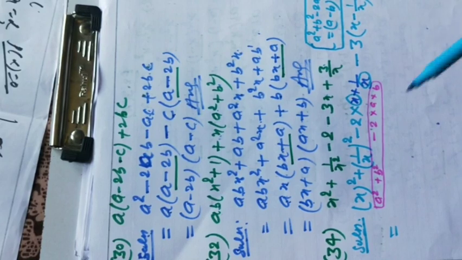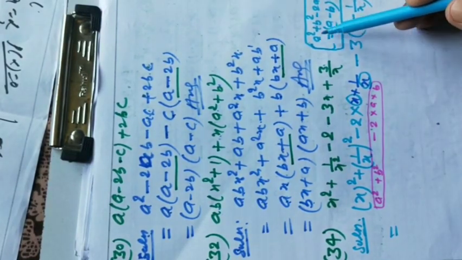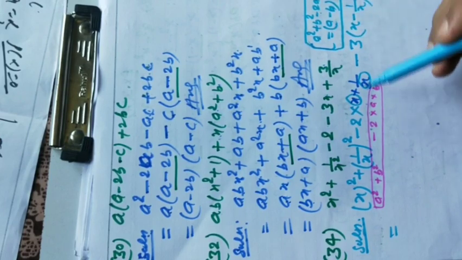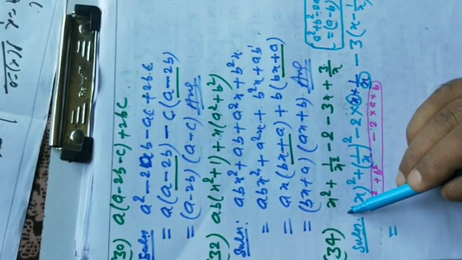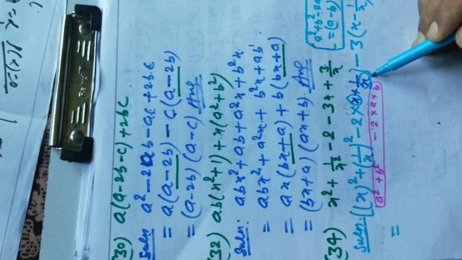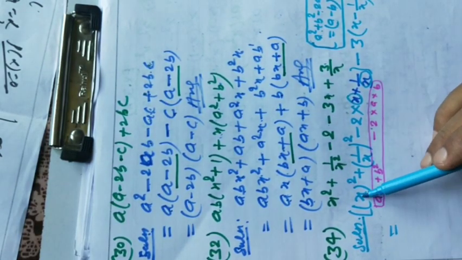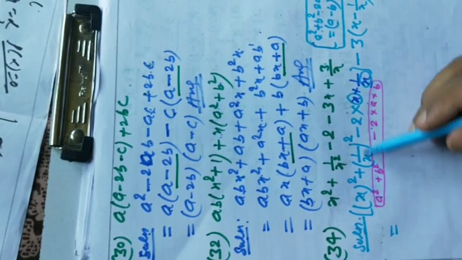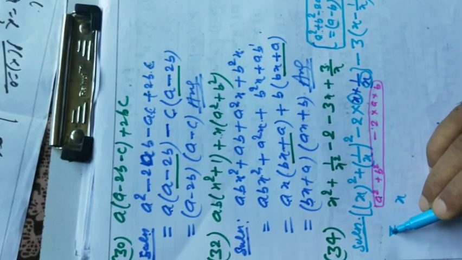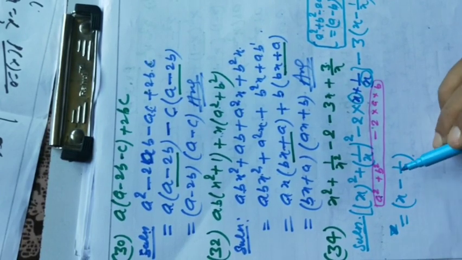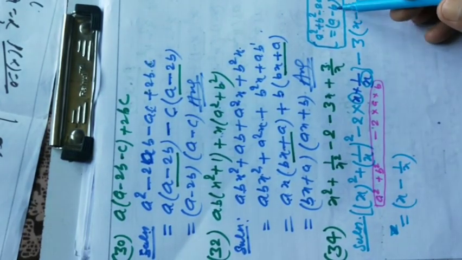So this is the identity a square plus b square minus 2ab, and it is equal to a minus b the whole square. So this expression is based on this identity. At the place of a there is x. So this whole expression will be x minus 1 upon x, a minus b the whole square.